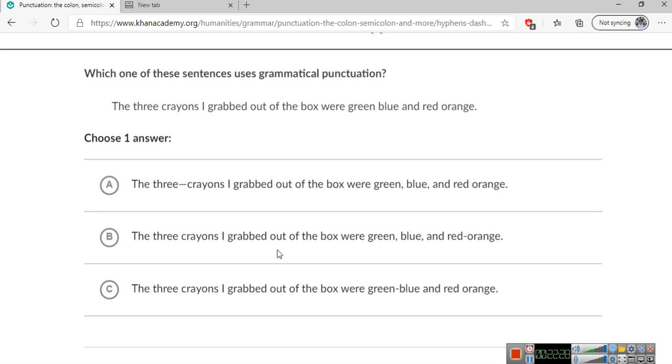A. The 3 crayons I grabbed out of the box were green blue, and red orange. B. The 3 crayons I grabbed out of the box were green, blue, and red-orange. C. The 3 crayons I grabbed out of the box were green-blue, and red-orange.